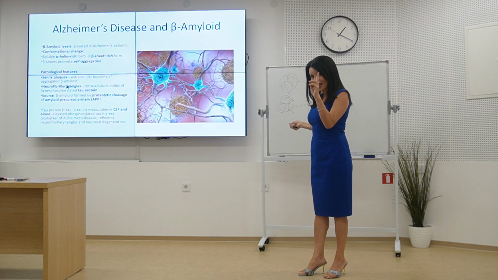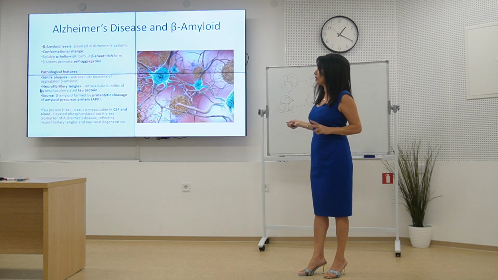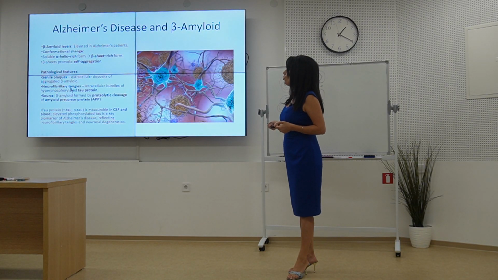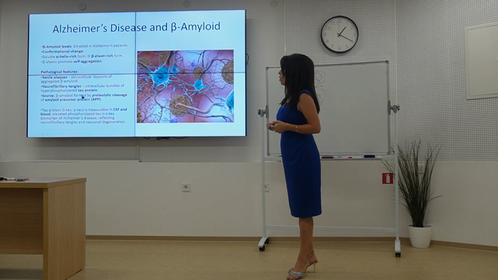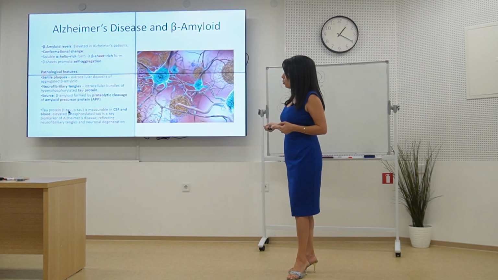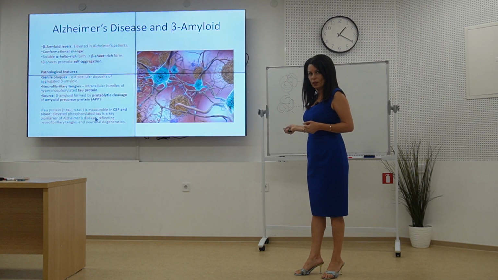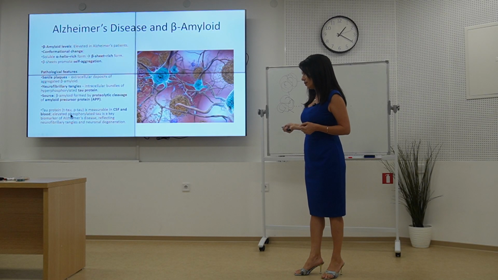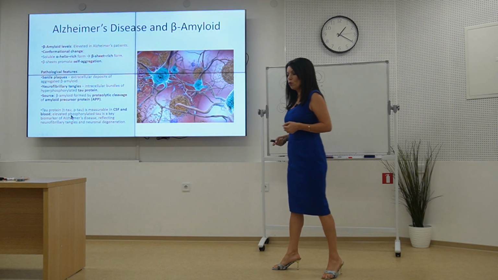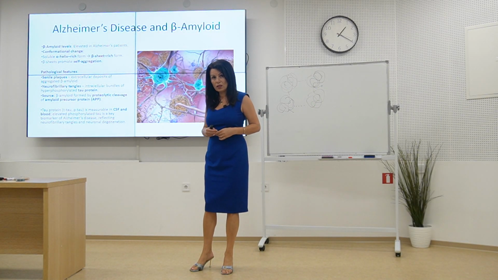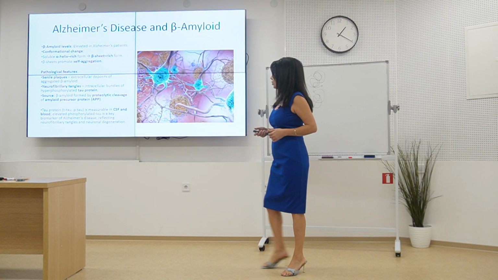The second formation in Alzheimer's disease is the so-called neurofibrillary tangles with hyperphosphorylated tau protein. This tau protein can be measured in the cerebrospinal fluid and the blood, and can be used for the detection of Alzheimer's disease.